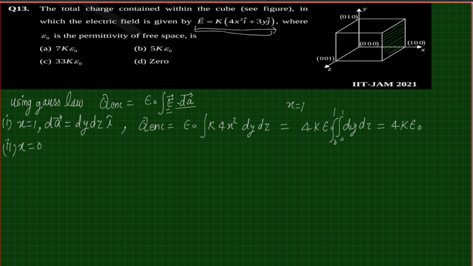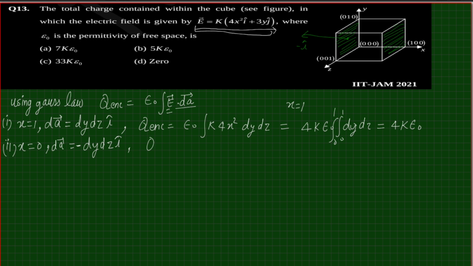For the second surface, x equal to 0, which surface are we talking about? This surface, which is at x equal to 0. So its normal vector will be in the negative direction, minus I cap. So dA will be given by dy dz I cap in the negative direction.